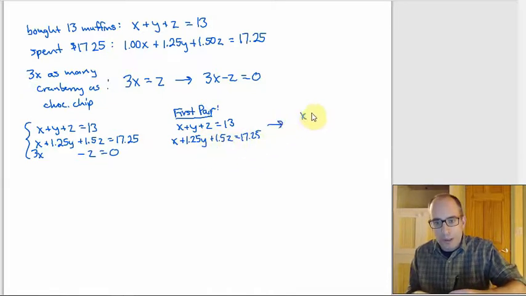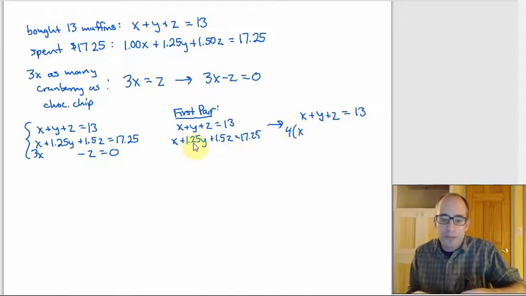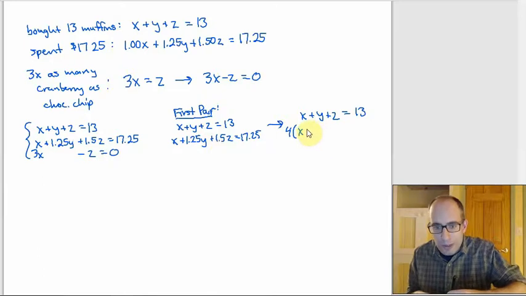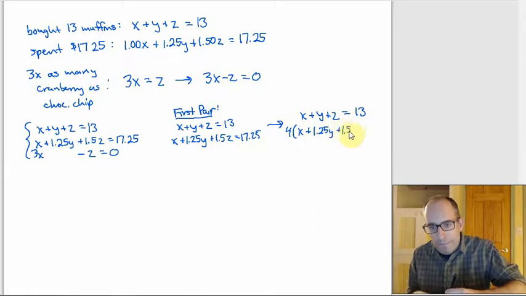So the x plus y plus z equals 13 is going to stay there. And then 4 times x. And actually, I gotta flip the sign anyway, so maybe I should be doing -4, but I'll do these things one at a time here. And right side will be 4 times 17.25.